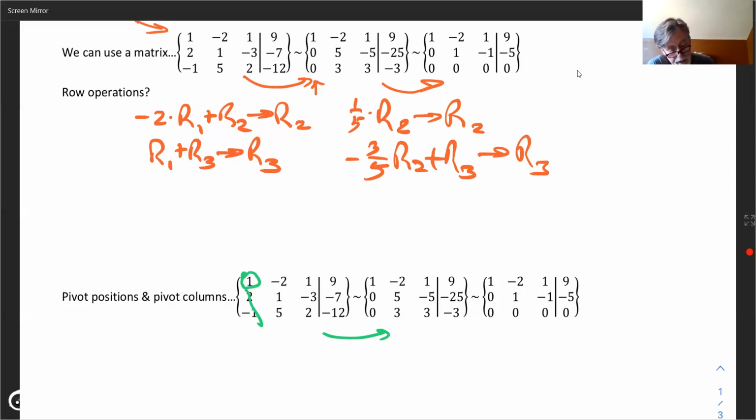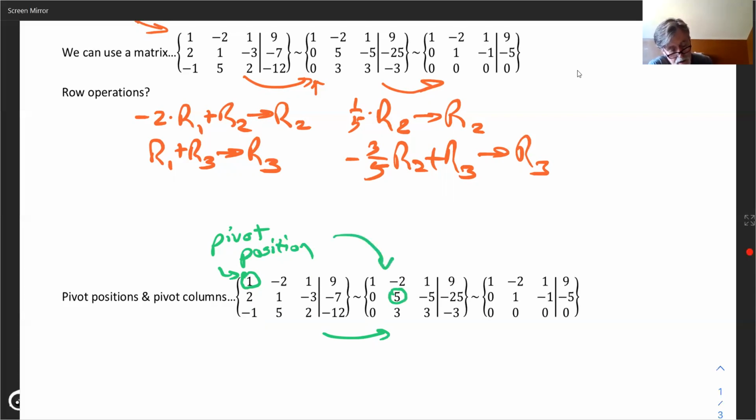Well, that is what they call a pivot position. That is, the number 1 is a pivot position. You used it to knock out those numbers below it. When you got ready to do it again, you might use maybe this guy as another pivot position.